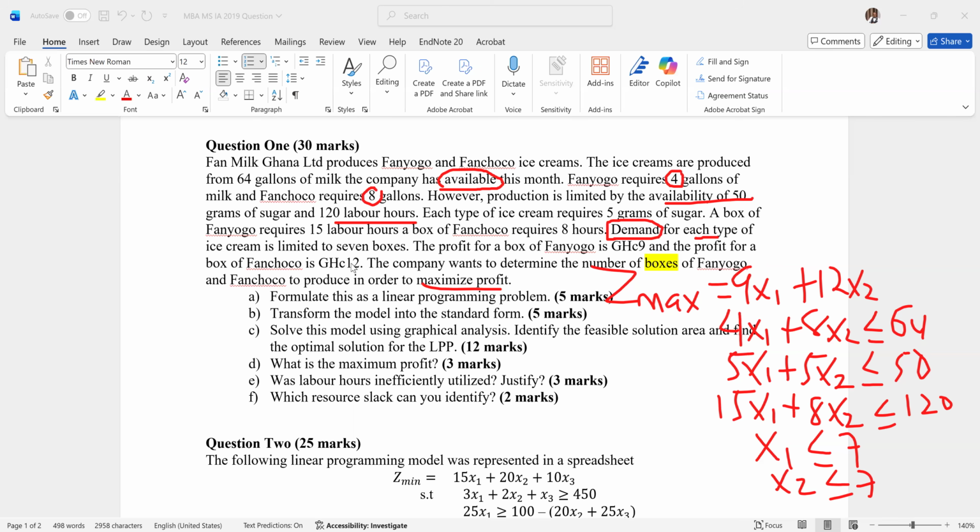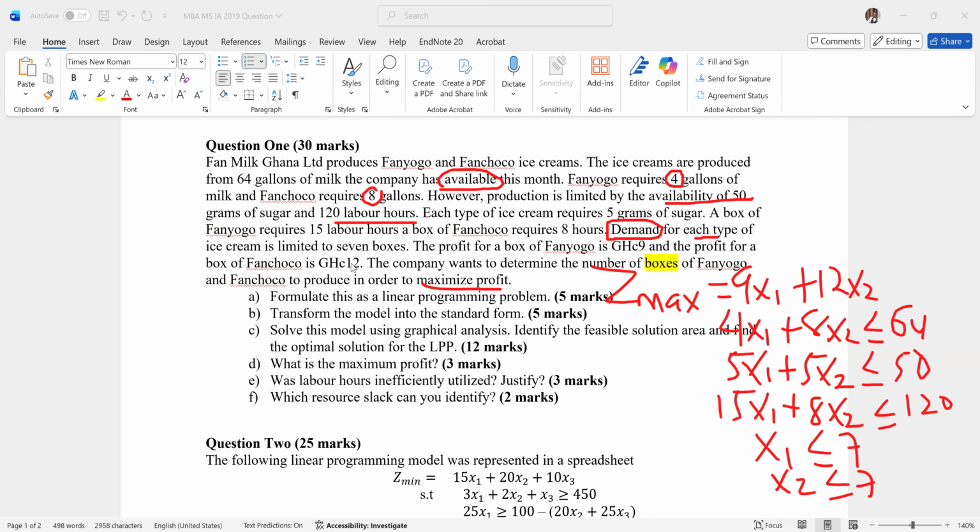So demand cannot go above 7. This is called a mixed constraint. It's not a resource constraint. It's not sugar constraint or labor constraint or milk constraint. This is a mixed constraint. So demand for yogurt is not more than 7, but it can be less. That's the limitation. Demand for choco is not more than 7, but it can be less.